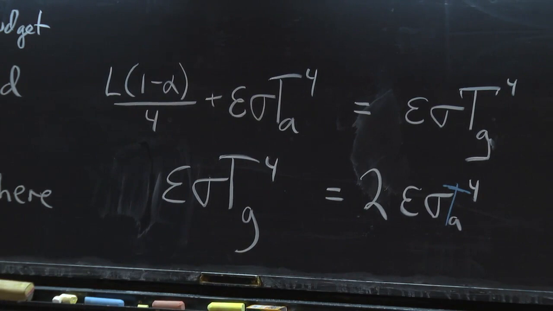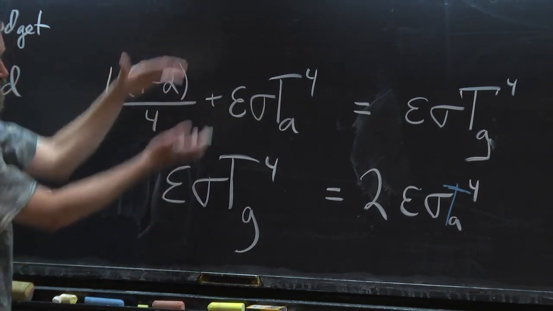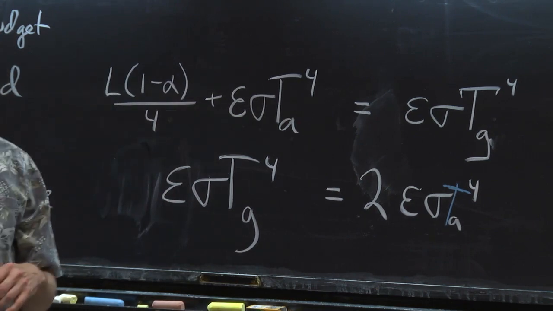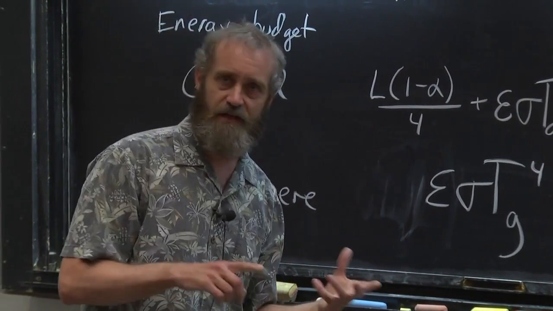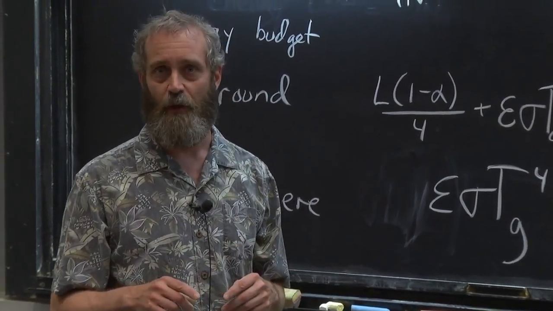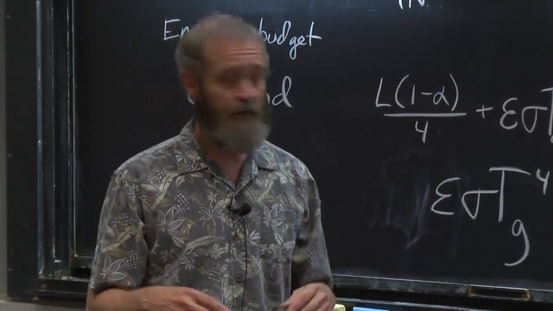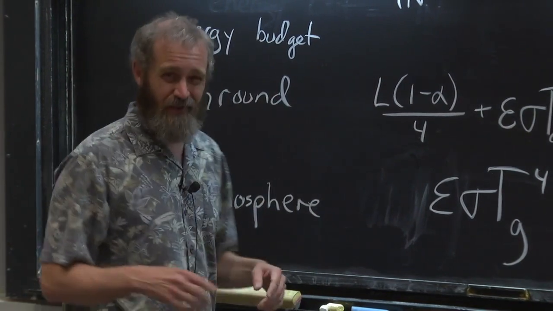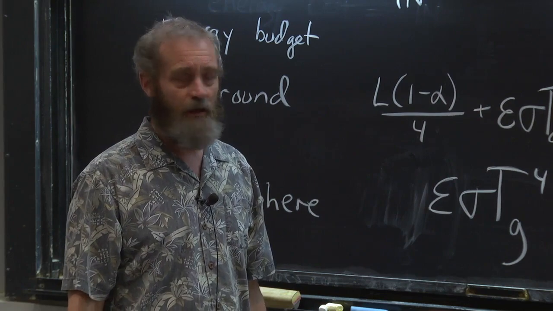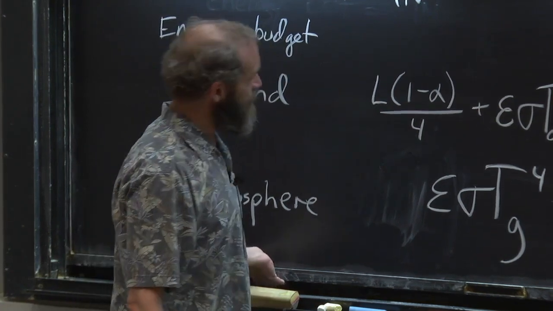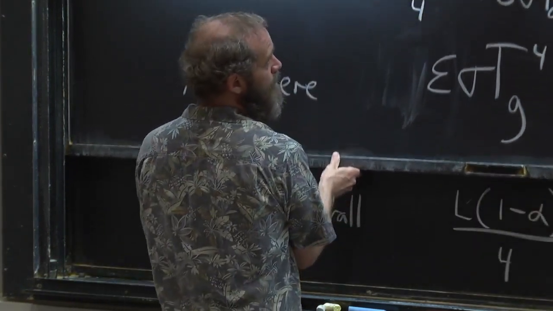And so we could, in principle, take these 2 equations and use algebraic substitution to solve for just one of the temperatures, and then plug that back in to solve for the other one. And you're welcome to do that if you like to try your algebra chops. But there's an easier way to do it, and it actually has a conceptual benefit as well, that we can draw a different budget.